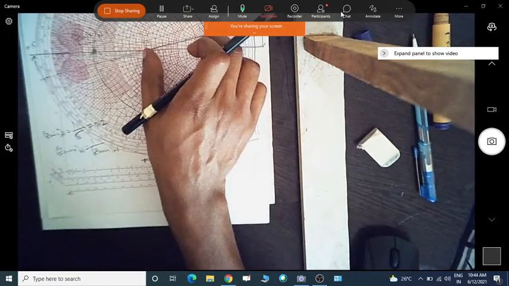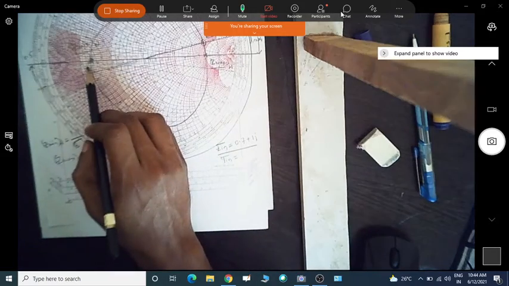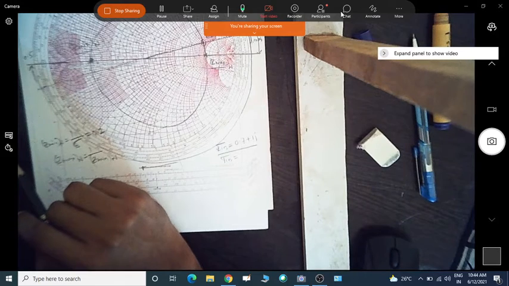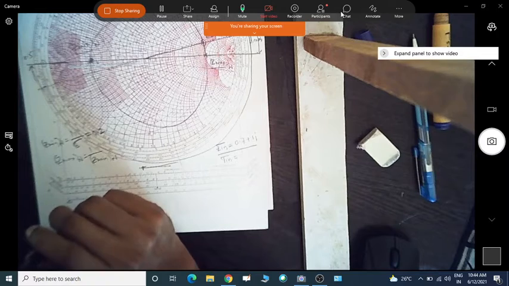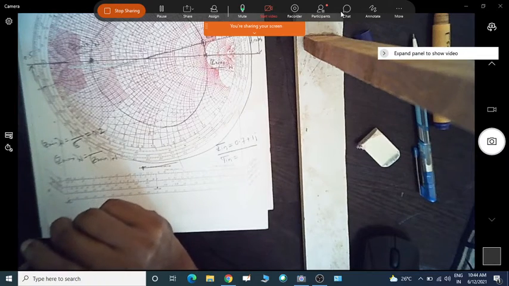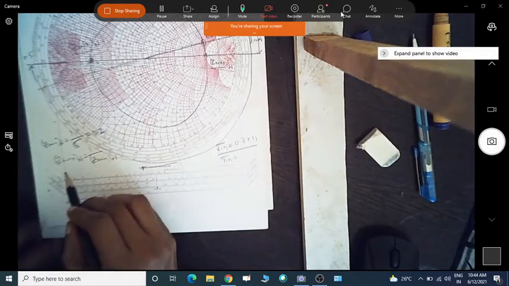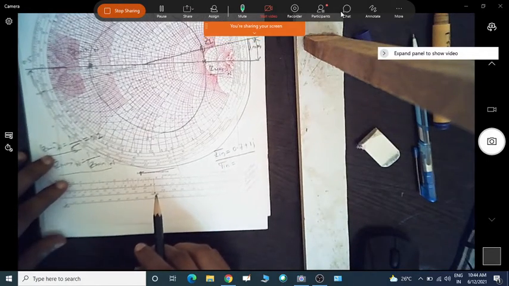Yes, sir, it's giving 5, sir. Okay, so take that proper radius and plot the VSWR circle. Definitely it will meet at 0.2. Okay, so this is how we can find out Z minimum normalized and Z maximum normalized.